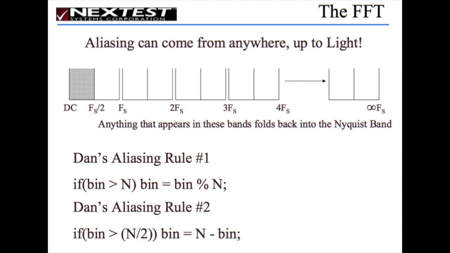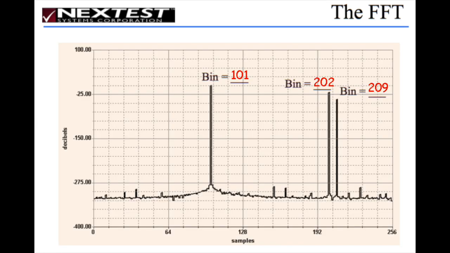No, n is 512. So 303 is not greater than n. Is 303 greater than n over 2? Yes, it is. So 512 minus 303 is 209. Oh, that's about right. That fits in the right place. So that's the third harmonic, or the alias of the third harmonic, showing up in bin 209, because 512 minus 303 is 209.